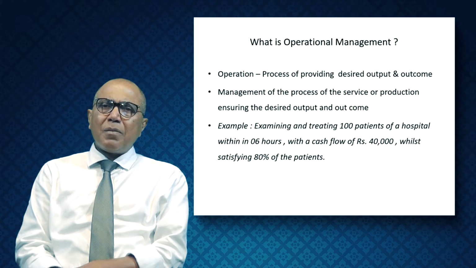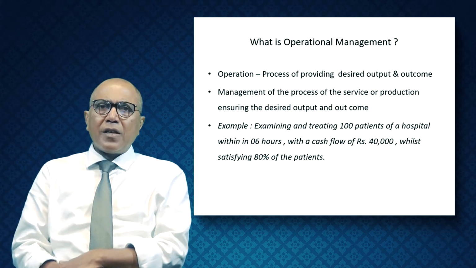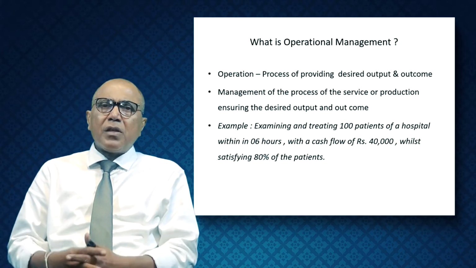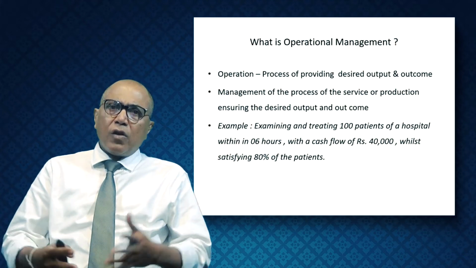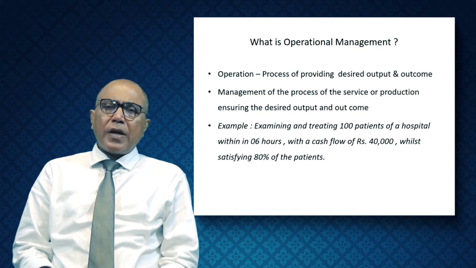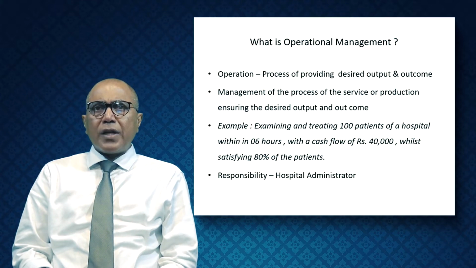So we are looking at not only a target of seeing 100 patients, there's a time limit of 6 hours, and there's a cash flow output, and then of course the outcome of satisfying the patients. This is basically the responsibility of a hospital administrator.